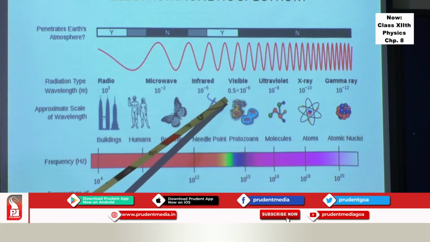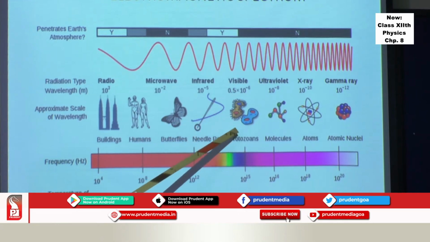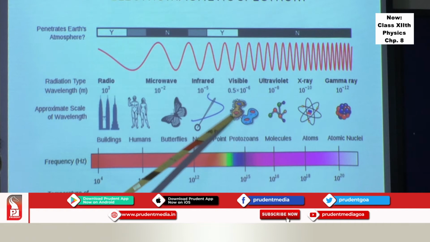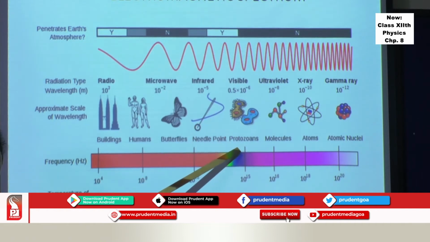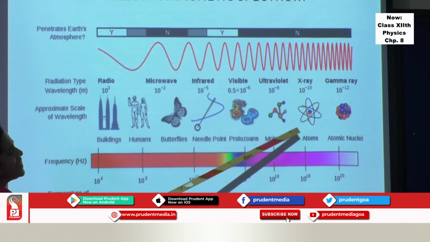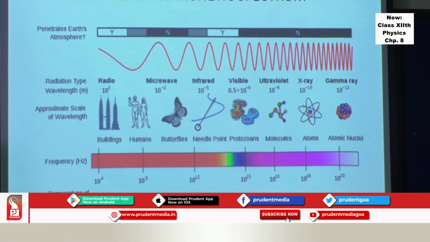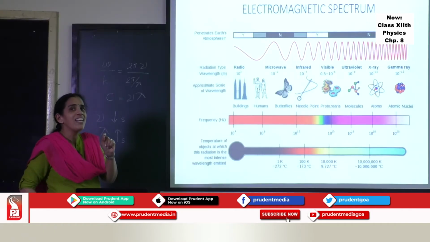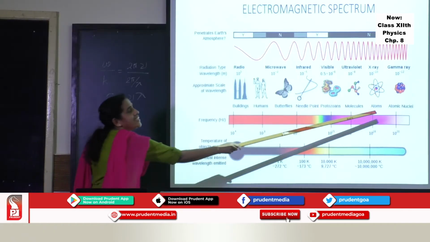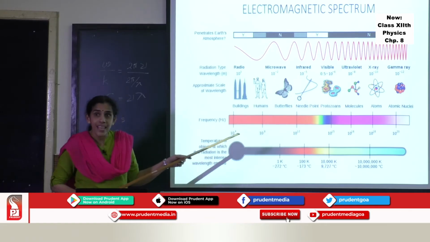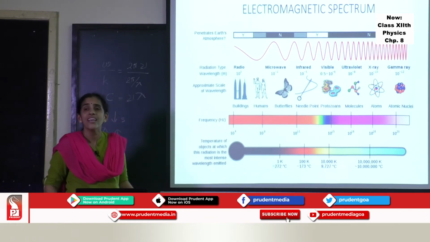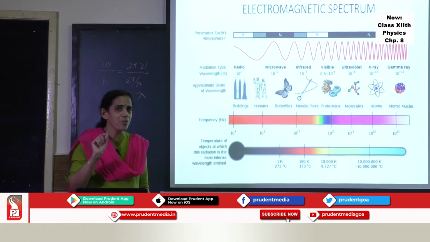And see the visible range, the size of a protozoan, and then gamma ray will be the size of the atomic nuclei. I mean wavelength size, they are talking about the size of the wavelength. Wavelength decreases from the size of twin towers to the size of atomic nuclei.